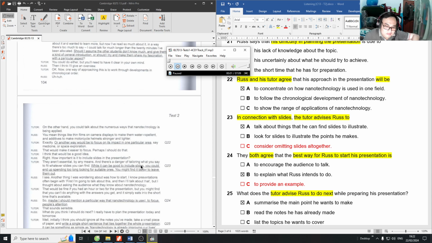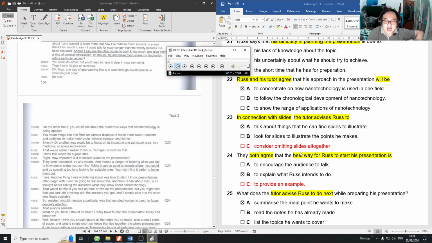I understand the conversation, but I don't have time to translate all the words in the section and the question. So that's why I got this answer wrong. It means I need to improve my comprehension skill.